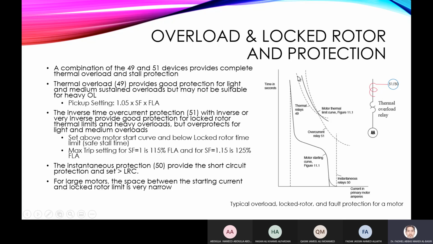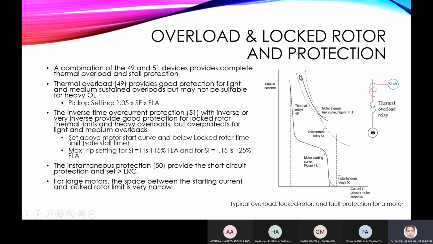Both of them will give me an overload protection for moderate overload, and when the overload is excessive, close to the locked rotor, and also for locked rotor protection, the 51 elements provide this protection. When they have a short circuit, the current is somewhere here, then the instantaneous element will provide this protection.